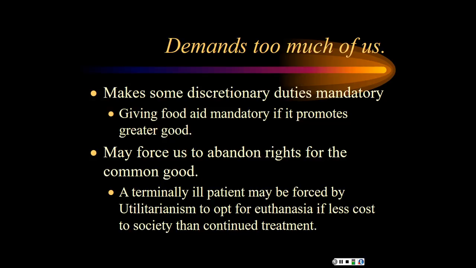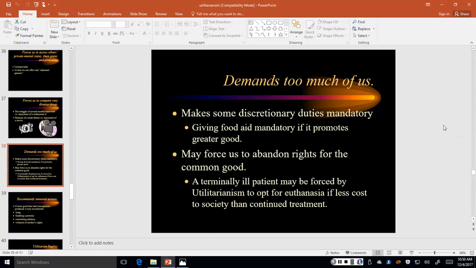In other words, if you make active euthanasia legal, who's to say that people wouldn't be subtly pressured to take that? But this obviously would go against somebody's fundamental right to life. So people say utilitarianism, in making some discretionary duties mandatory, demands too much of us.